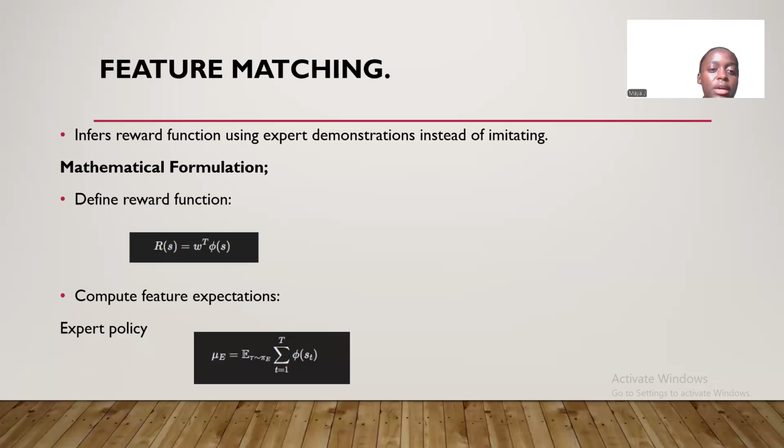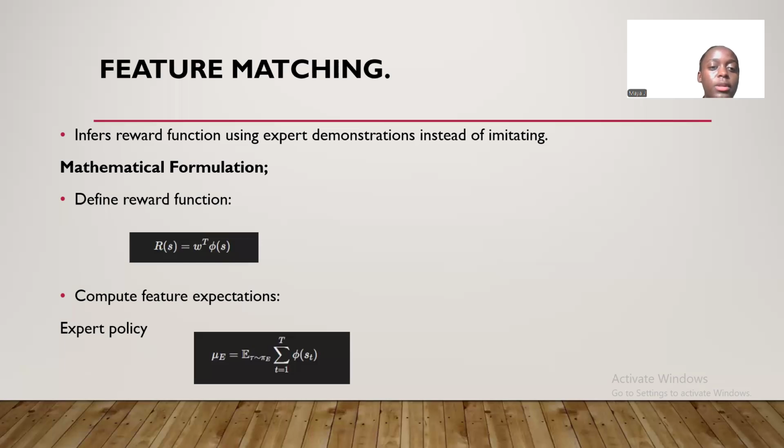T just gets the transpose. So W is a vector that shows feature importance. And we have phi(S), the feature vector representing states.